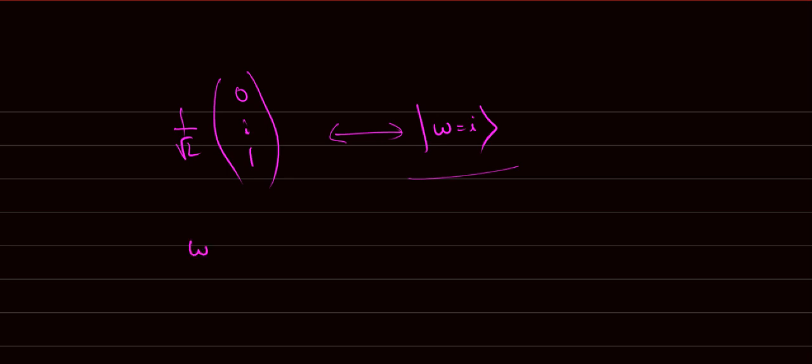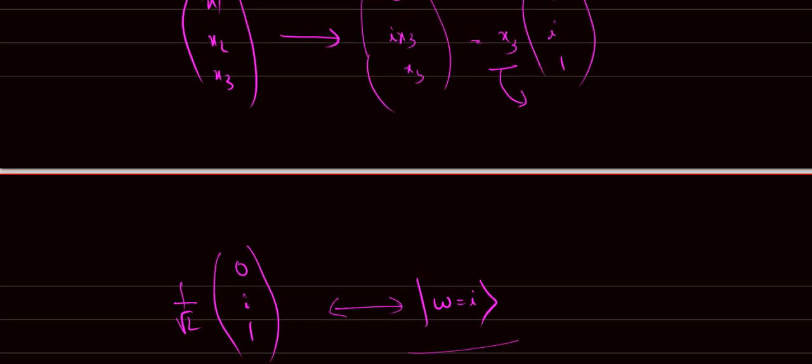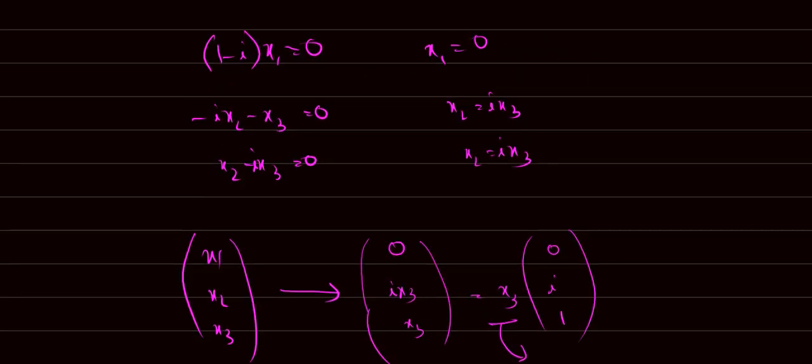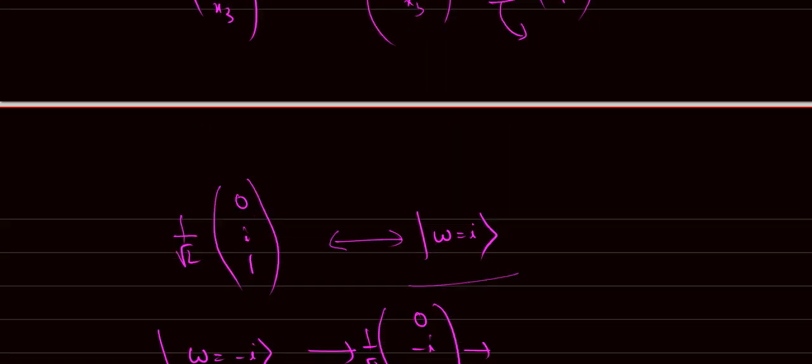Similarly, for omega equal to minus i, we can show this is our eigenvector. So this is the procedure how we figure out the eigenvectors and eigenvalues of any operator.